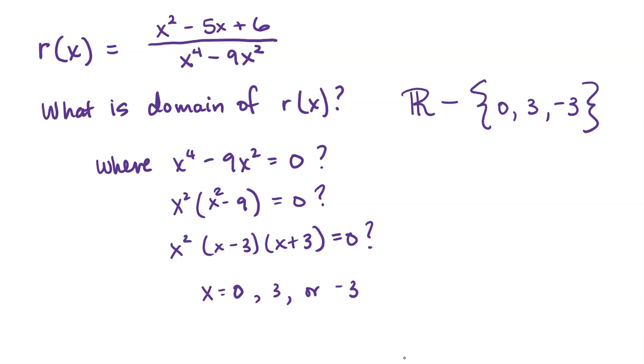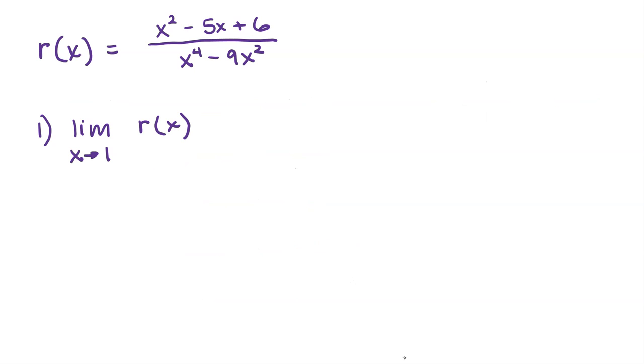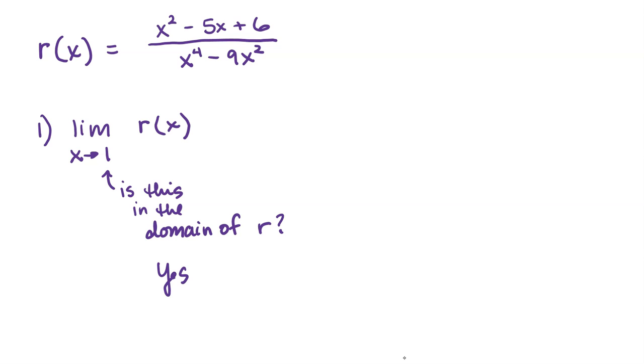Okay, so let's remember that. That's going to be helpful as we move on to our first limit. If we want the limit as x approaches 1 of r of x, the first question we need to ask ourselves is: is 1 in the domain? On the last slide, we said that everything was in the domain of r except for 0, negative 3, and 3. So the answer is yes, and that makes us happy because that means it's easy to evaluate the function.